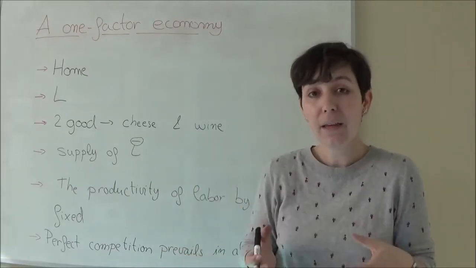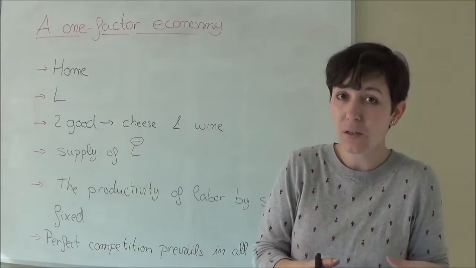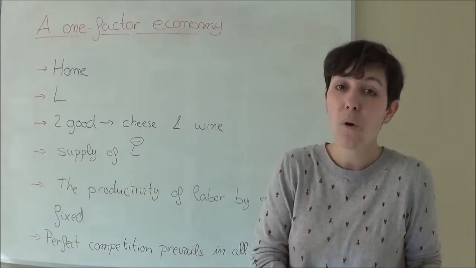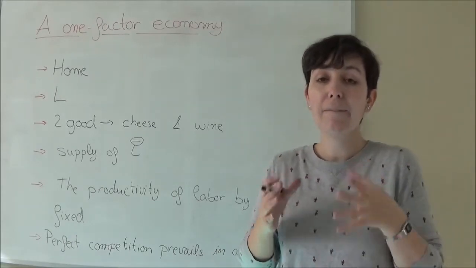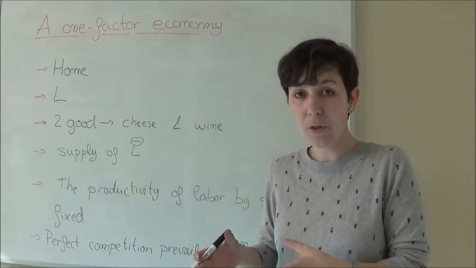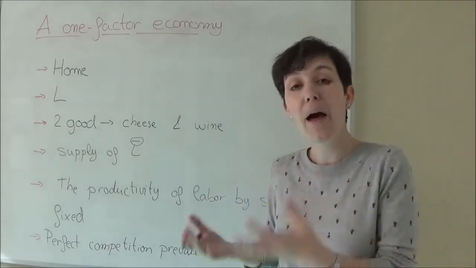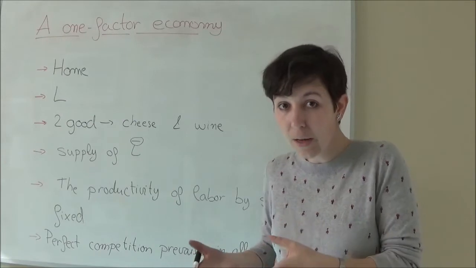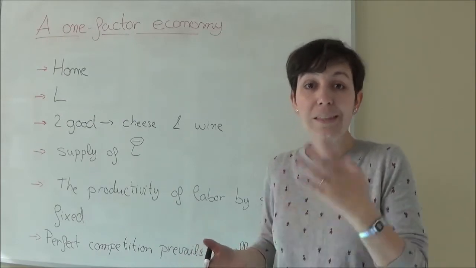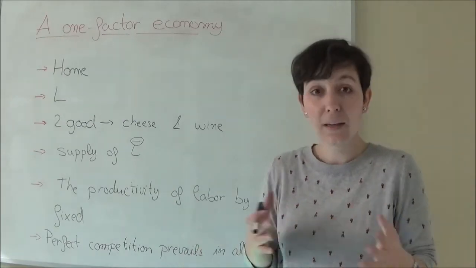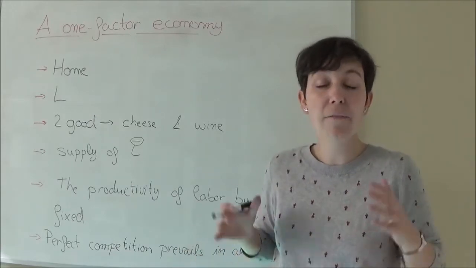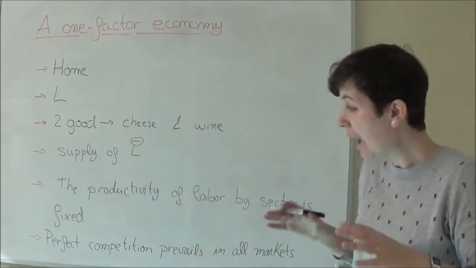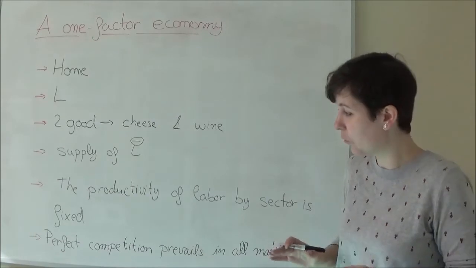Given the technology in the production of cheese, we have one productivity of labor, and given the technology in the production of wine, we have a different productivity of labor in that sector. So the same worker, given the technology in each sector, has a different productivity, and it's always the same value.